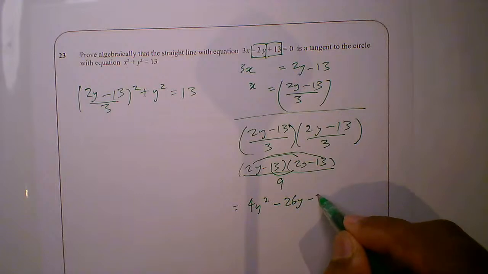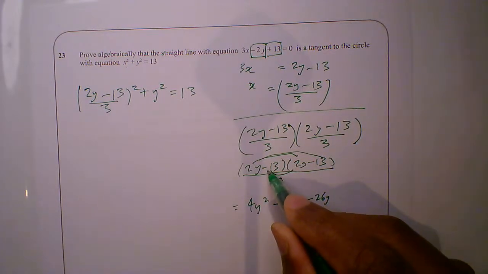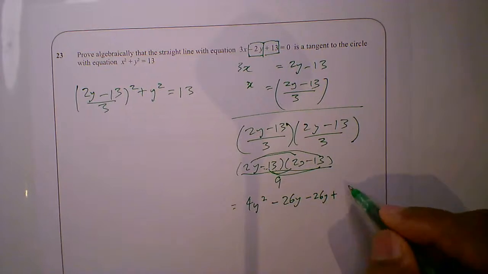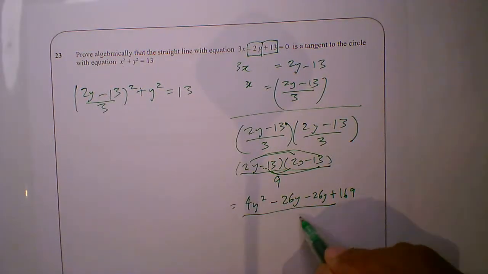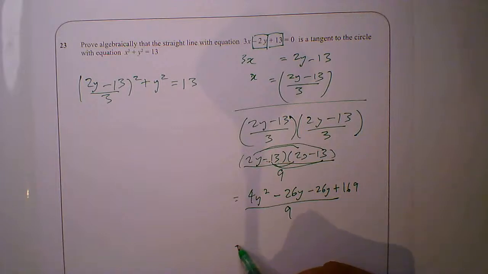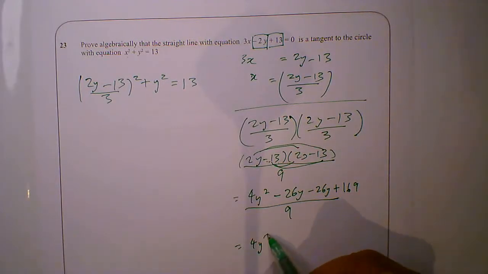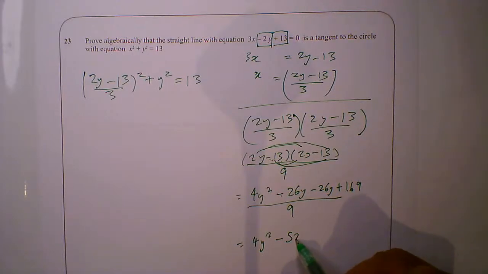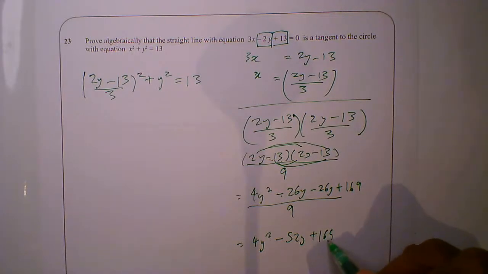Got another minus 26y. Then a negative and a negative makes a positive, 13 times 13 is 169, all over 9. So this simplifies to 4y squared minus 26 take away 26 is minus 52y plus 169 over 9.